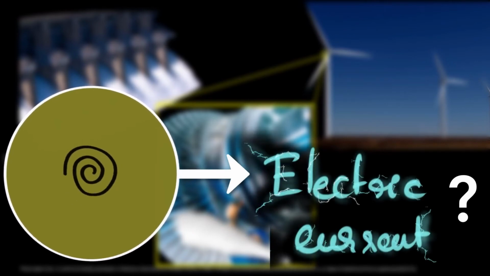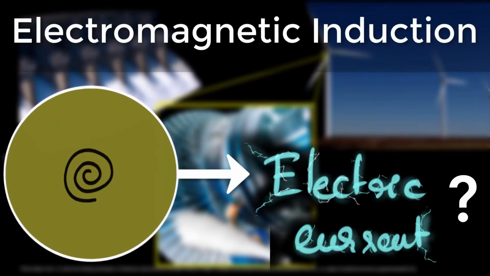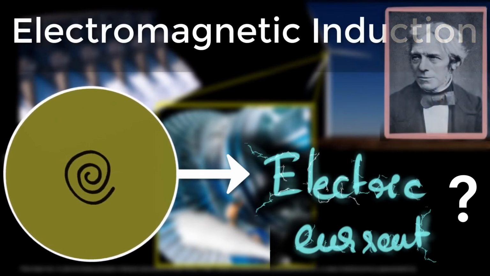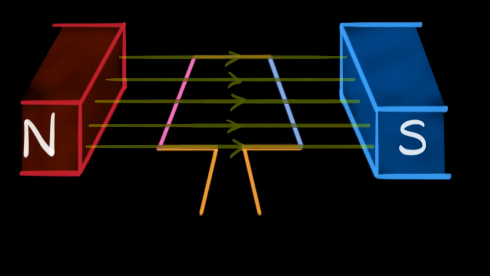Well, the technology is based on electromagnetic induction, discovered by Michael Faraday more than 200 years ago. The basic idea is that if you take a wire and move it up or down inside a magnetic field, it induces an electric current. So all we have to do is attach a coil of wire to these giant turbines and place them inside a magnetic field.